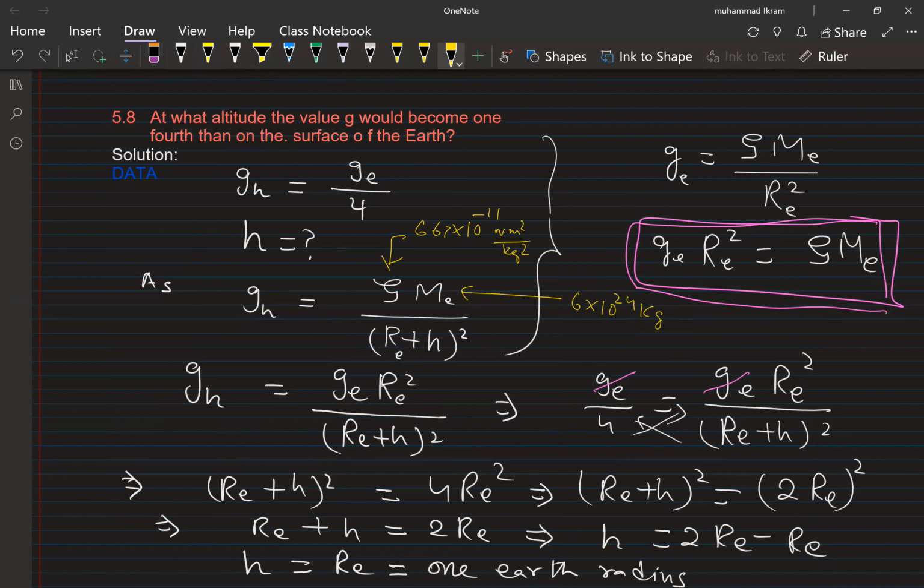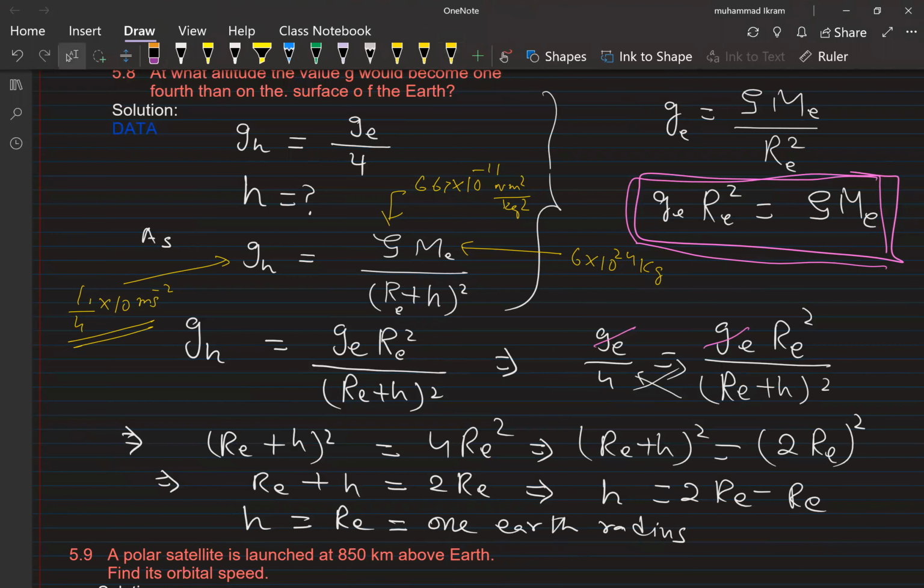The height is what you are going to find from your formula. The value of g_h is 1/4 of the value of g on earth, which is 10 meter per second square. Now you can use these values and calculate this h directly.